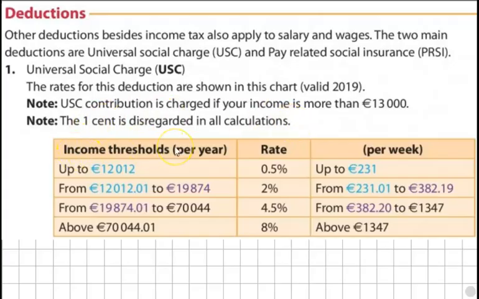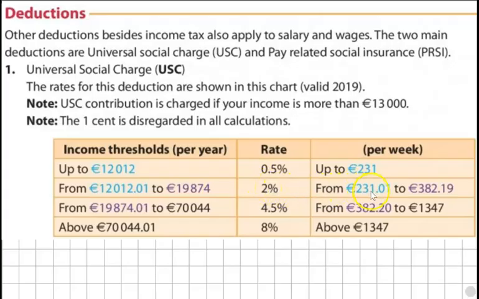So income thresholds per year on the left, then we have the rate, and then we have per week. So for example, up to €12,012, the rate is 0.5%, up to €231 per week. The next band is from €12,012 to €19,874. The rate is 2%.